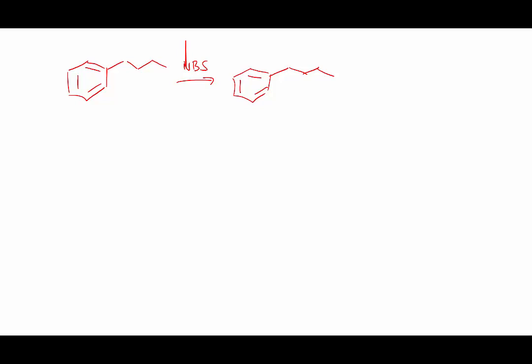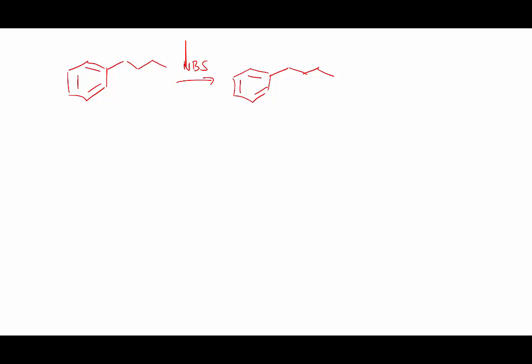So you want to add the bromine in the ring? It only adds one bromine. Would it add to the benzoic carbon? Close. The benzylic carbon. So this is going to do free radical halogenation, which means it's going to pull off a hydrogen that gives me the most stable radical.